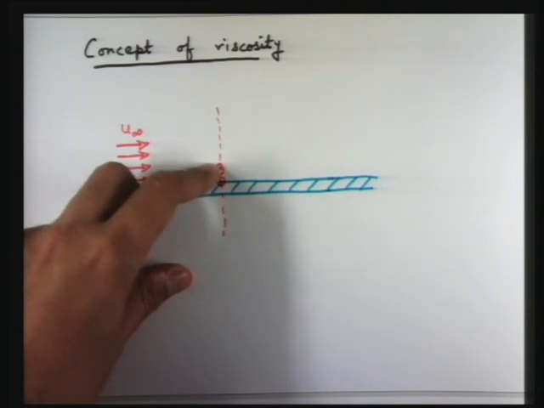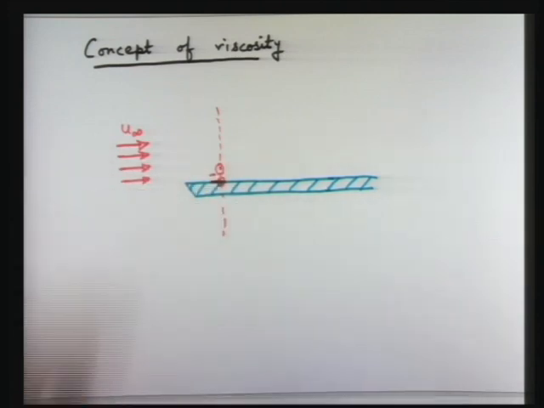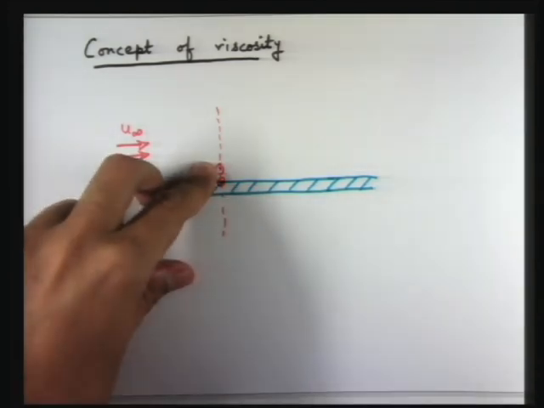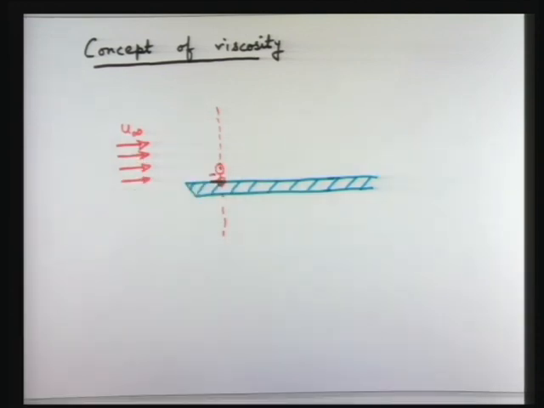It does not feel it explicitly by being in contact with the wall, but it seems that there is a messenger in the fluid which gives the message to this layer of fluid that yes, there is a wall and you should be slowed down because of the presence of this wall. This messenger is nothing but the viscosity of the fluid.